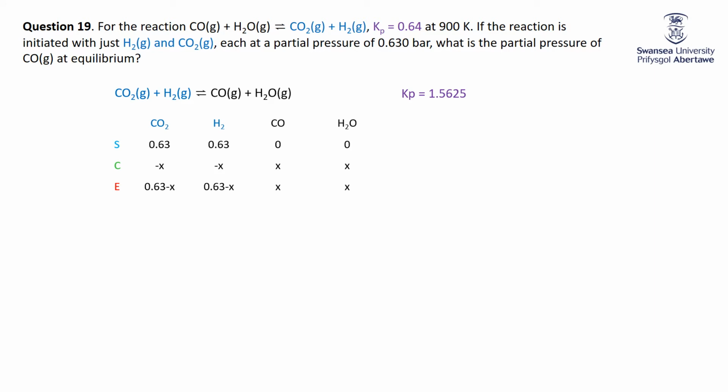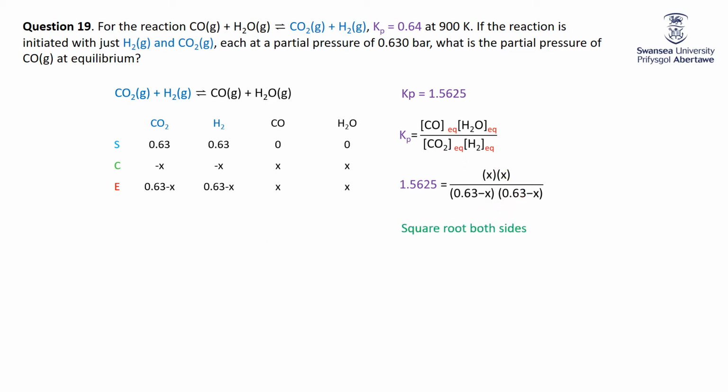1.5625. Well, now we can just proceed in our usual way. There's our SCA chart. 0.63, 0.63 of the H2 and CO2, none of the CO and H2O. So Kp for this new one, which was of course 1.5625, is CO times H2O divided by CO2 and H2. Plug in, we got x times x, 0.63 minus x, 0.63 minus x.